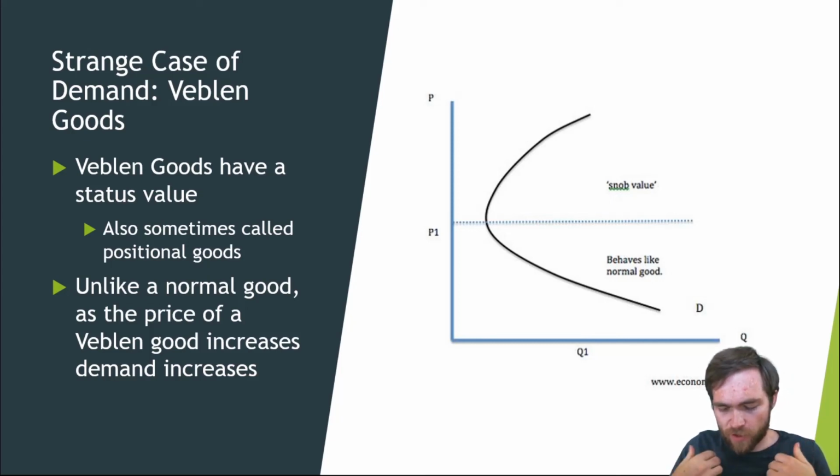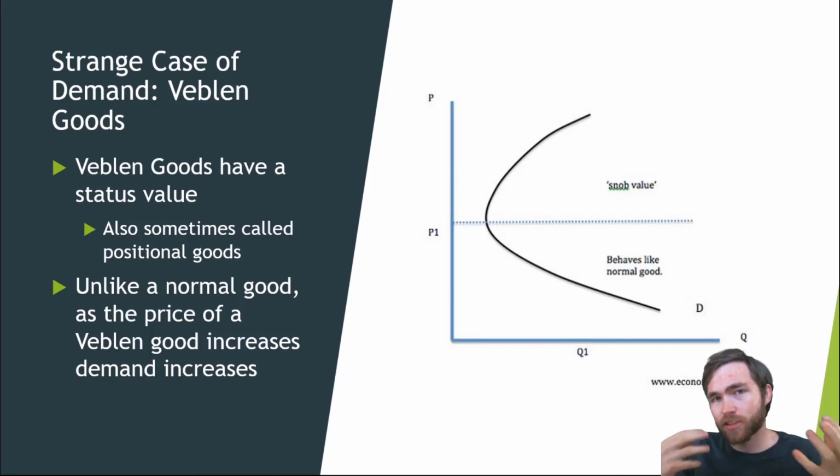And this is essentially driven by consumption for social status. So if the price of a certain brand of car that is considered to be luxurious and a status symbol falls below a certain level, well, then normal people can buy it, and then its snob value is reduced. And so demand actually falls as its price falls.